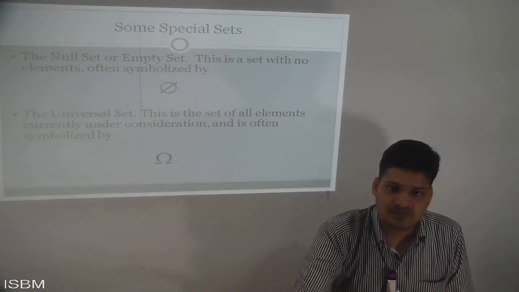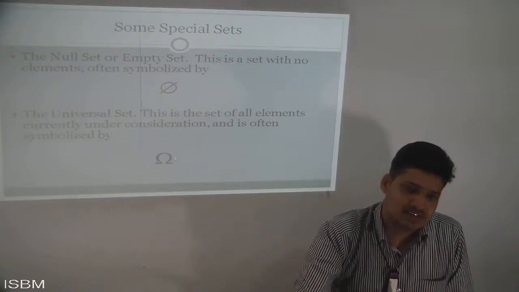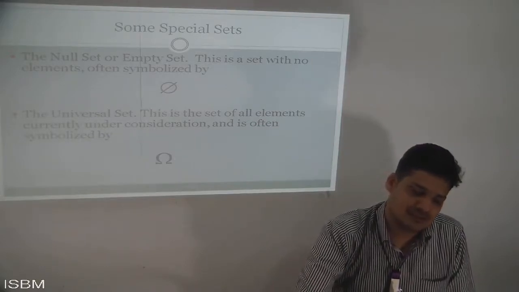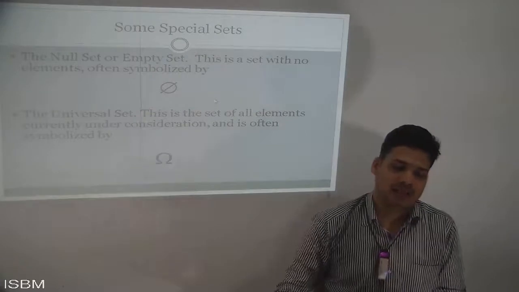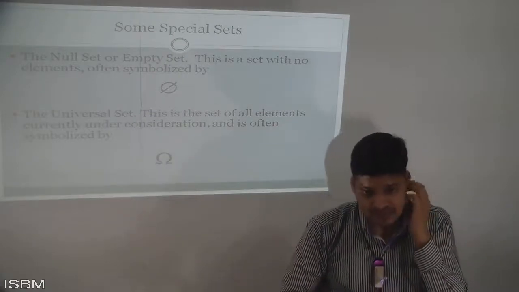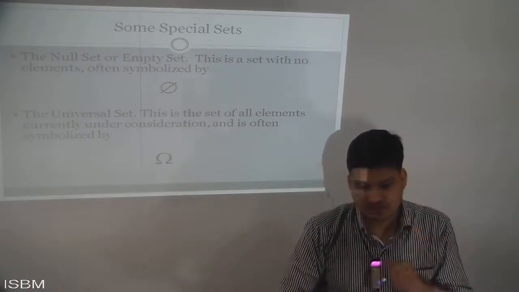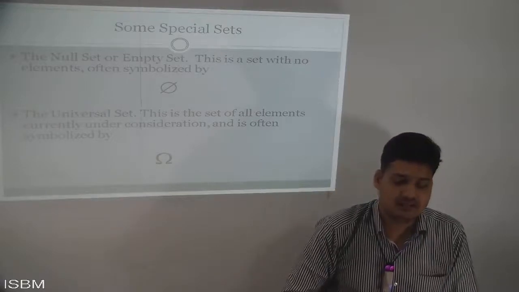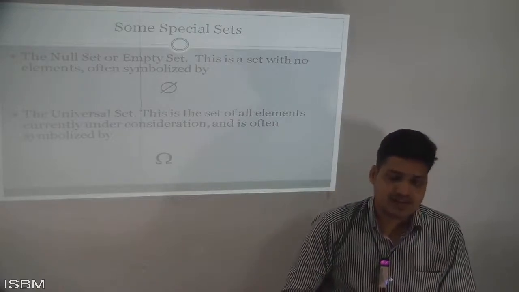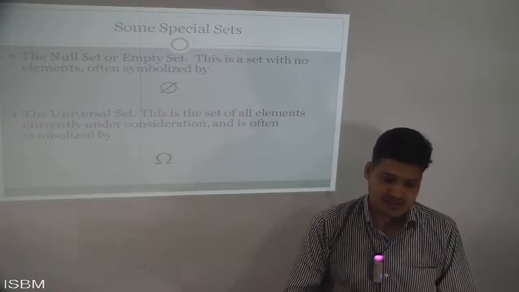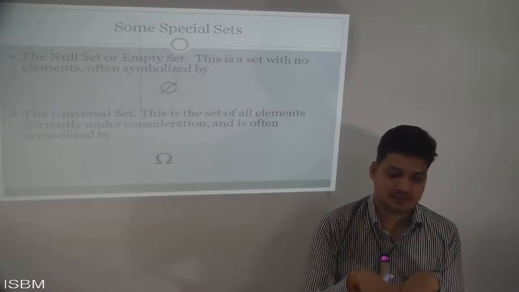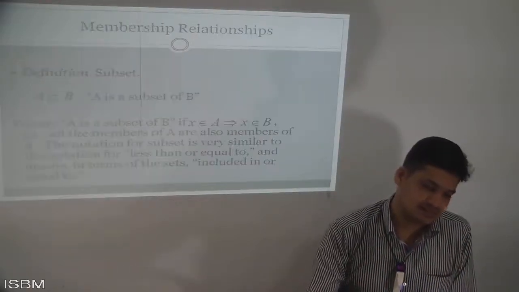There is no restriction, so it is the set of all the elements, which is called the universal set.